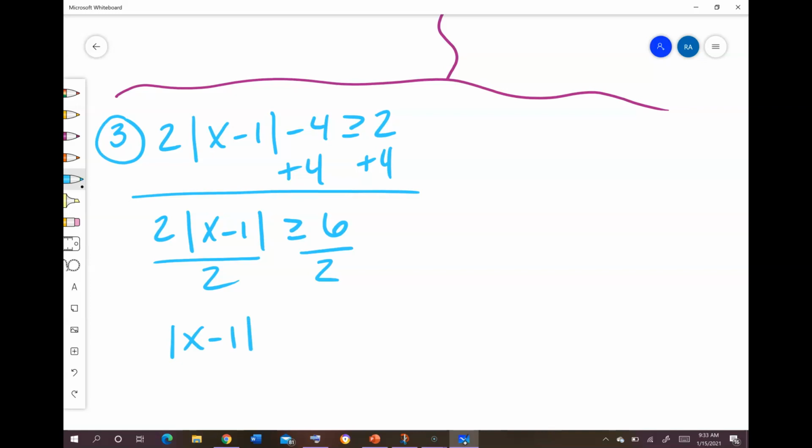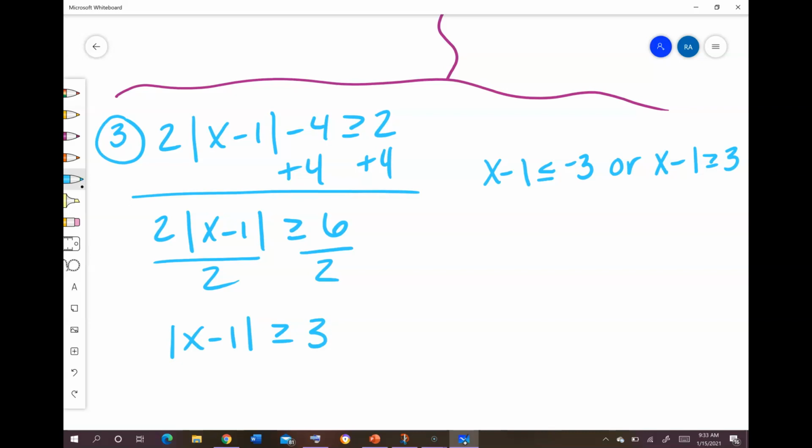So I just isolated, that's all I did. It's greater than a positive number. That can work, so we can solve. Now it's greater than. A greater than is your or statement. So we're going to say that x minus 1 is less than or equal to negative 3, or you keep it the same, x minus 1 is greater than or equal to 3.